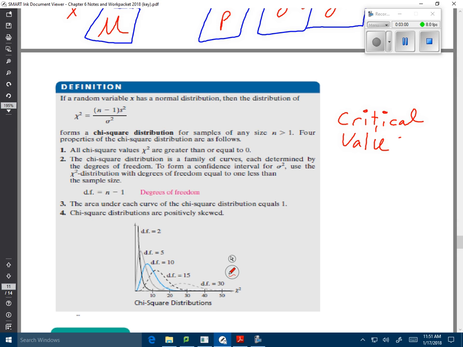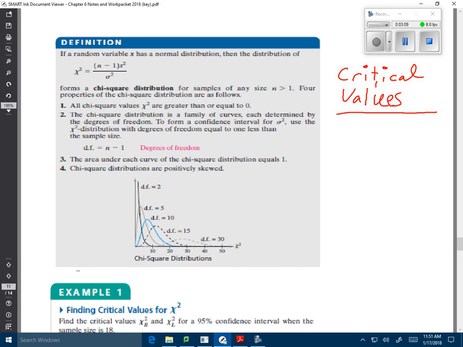Critical values. Some things to know about it: chi-square values are all greater than or equal to 0. You'll notice the greater the sample size, the more it approaches the normal distribution. But chi-square distributions are positively skewed.